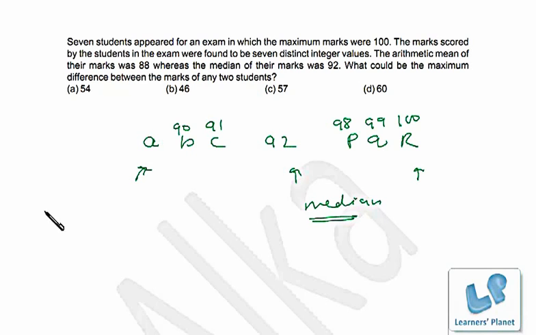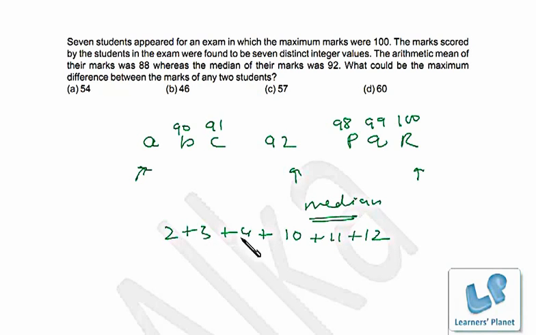Now listen to me carefully. Since we have to maintain the average as 88 and simultaneously maximize the difference between A and R, first let's find out how much these numbers are ahead of the mean. This is plus 2, this is plus 3, this is plus 4, and 92, 91 and 90 are plus 4... that is, plus 10, plus 11 and plus 12, right?